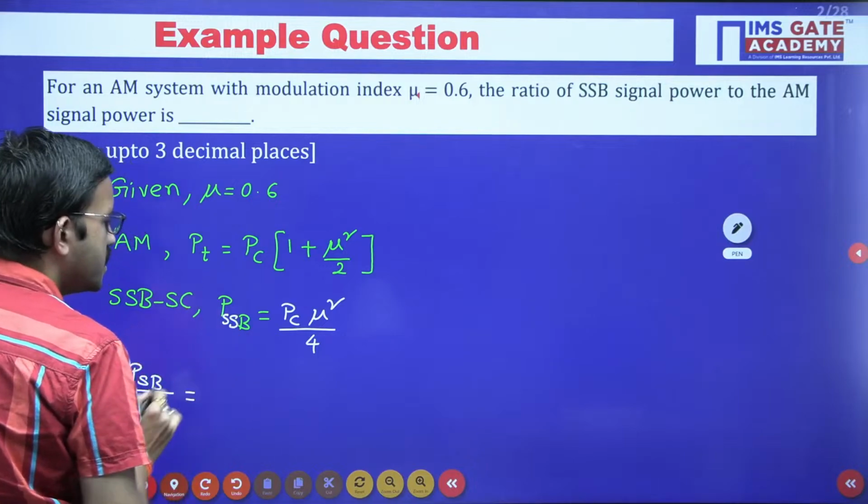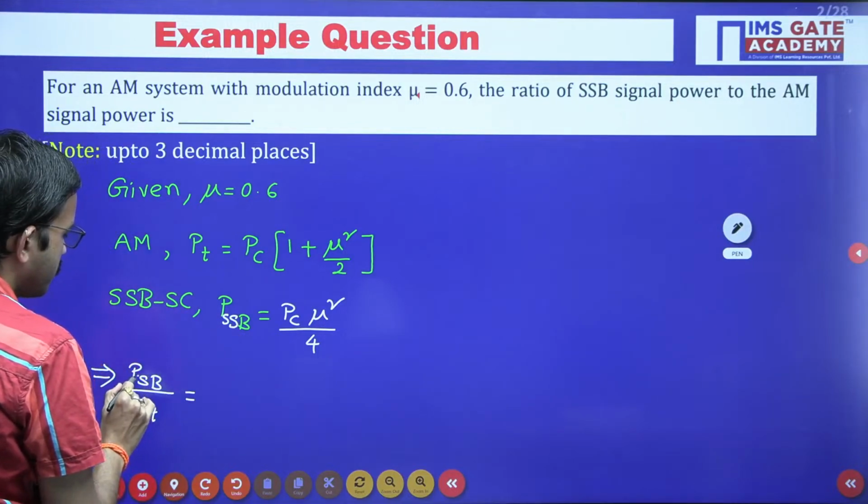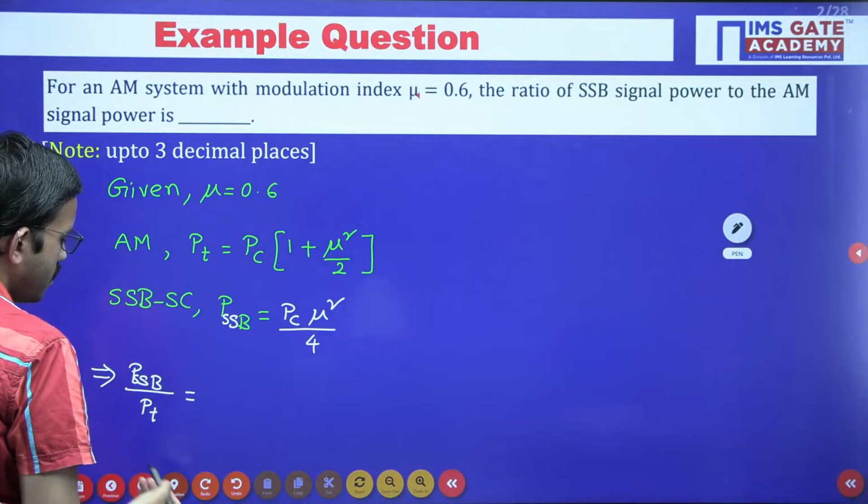So I will represent single sideband as P suffix SSB divided by PT.